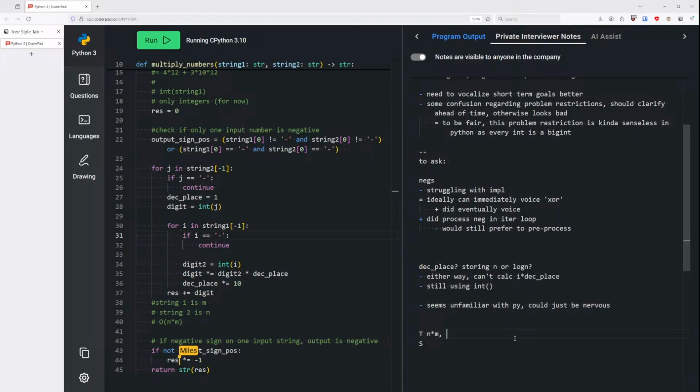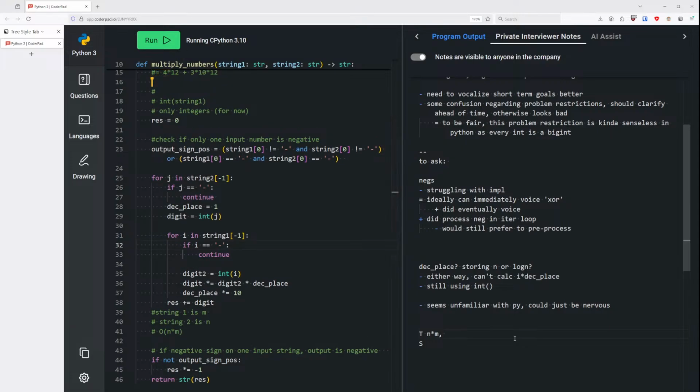But the final string, which would end up being storage as well, in the worst case, what would be the possible worst case for multiplying two integers?